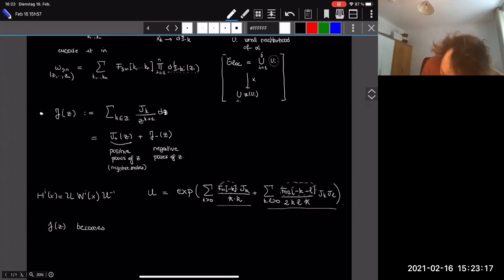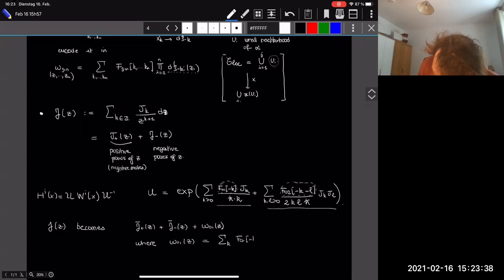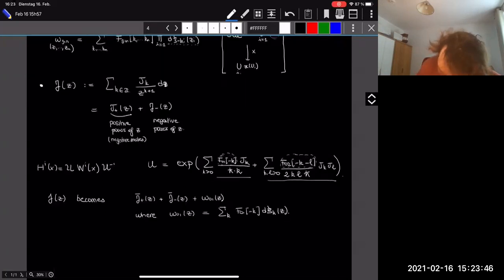So this J of z becomes J plus J minus plus something I would denote omega_{0,1} of z, where omega_{0,1} of z is the sum over k of the F_{0,1}, minus k, and here we denote d psi_k. d psi_k is just a pedantic notation for z^(k-1) dz.